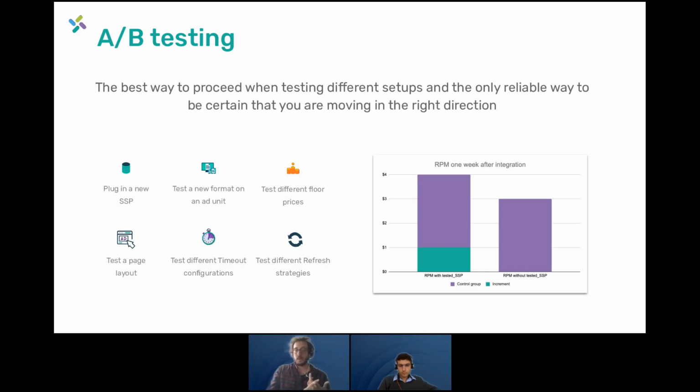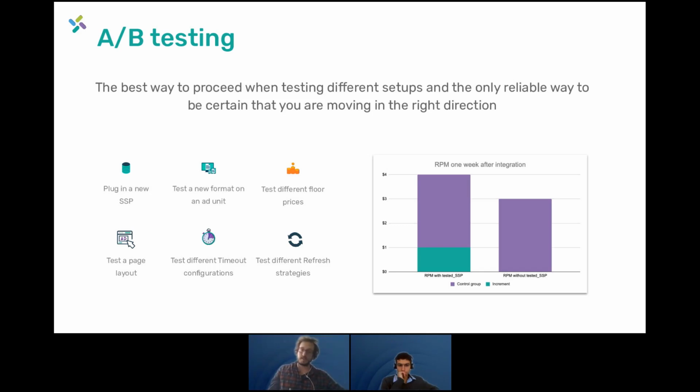One of the other possibilities is to only roll out your new setup on a few ad units or on a given site and leave all the other sites or ad units untouched. That's a better alternative than the first one because you now have a benchmark to estimate the seasonality effect.